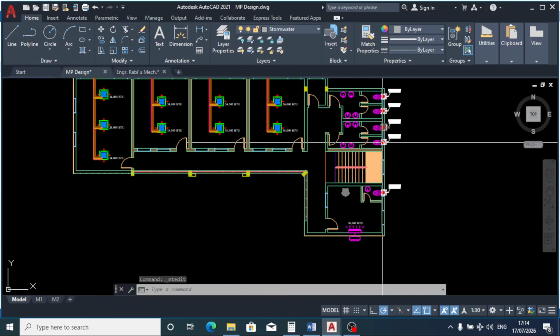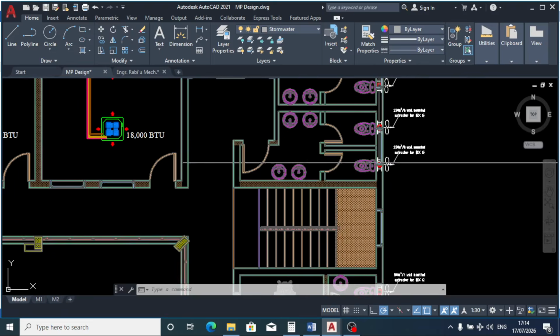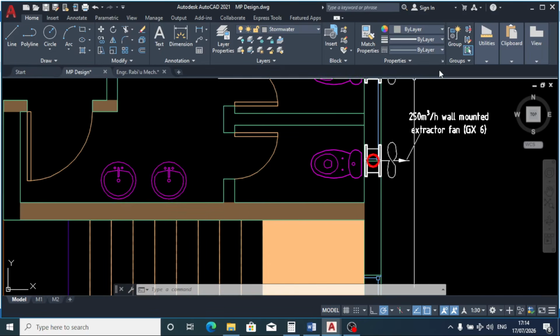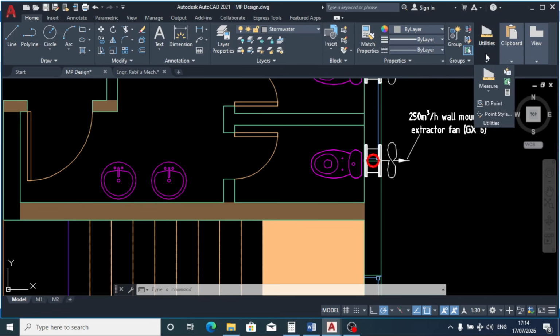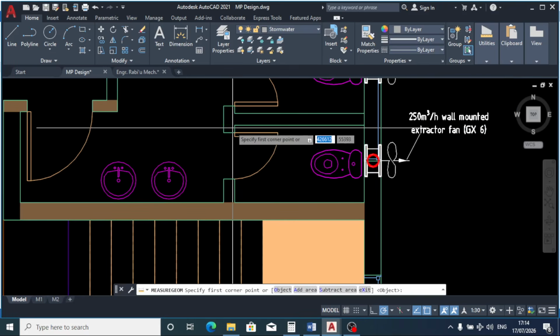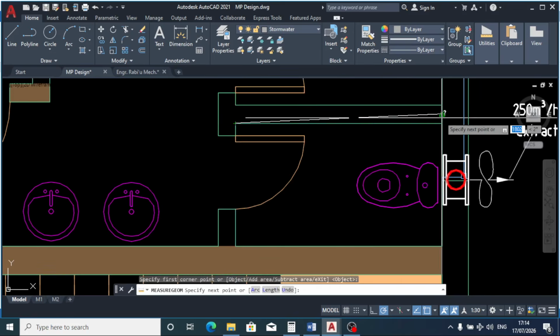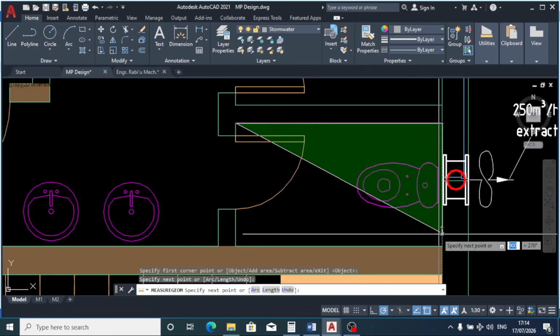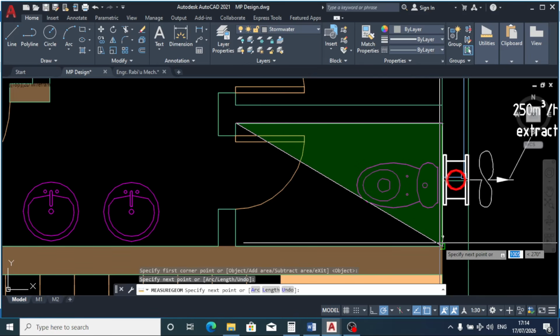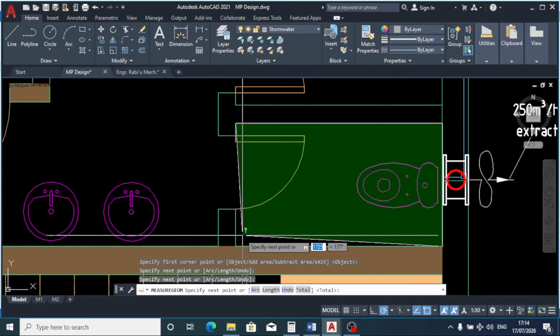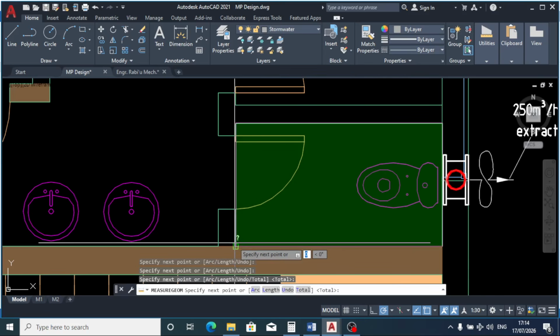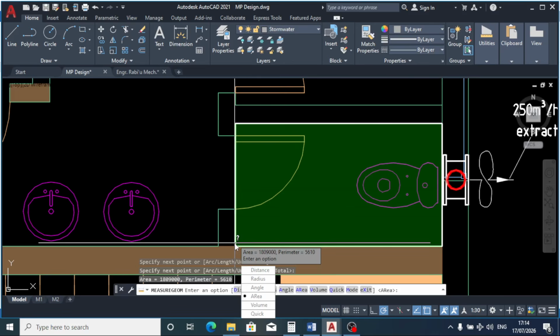Now let's size the next toilet. So for this toilet we are having 1.8 meter squared.